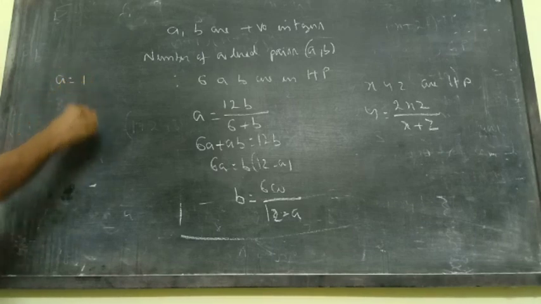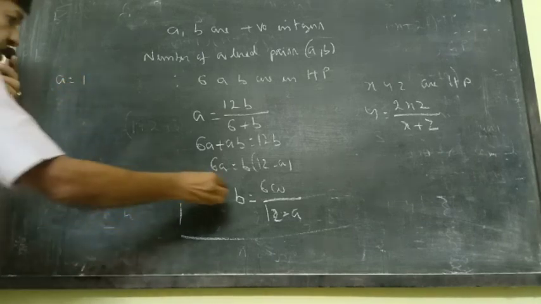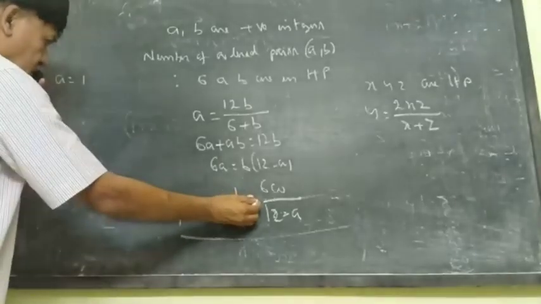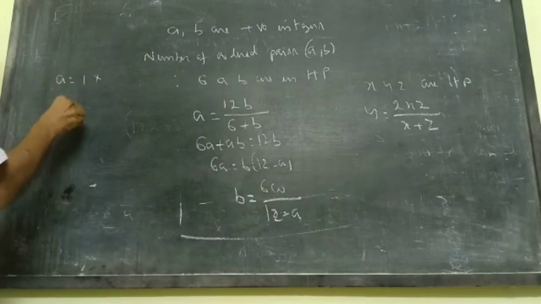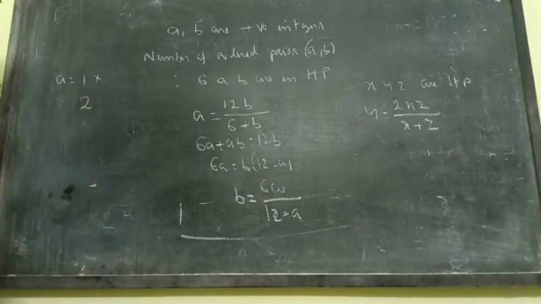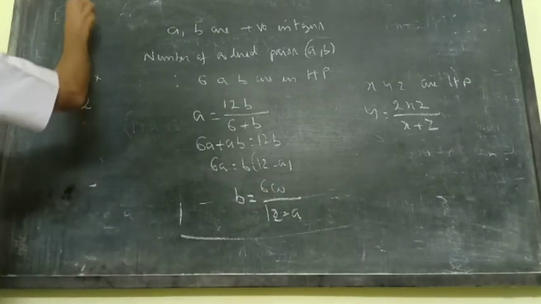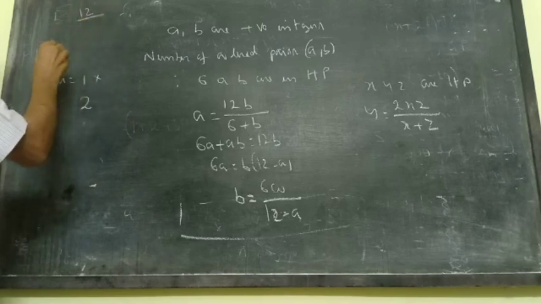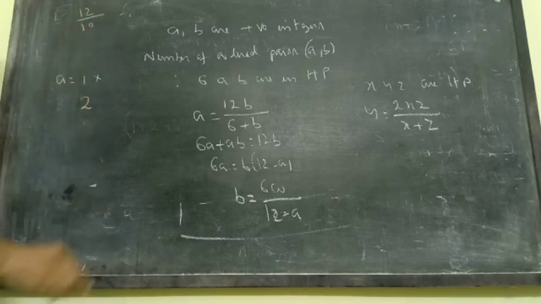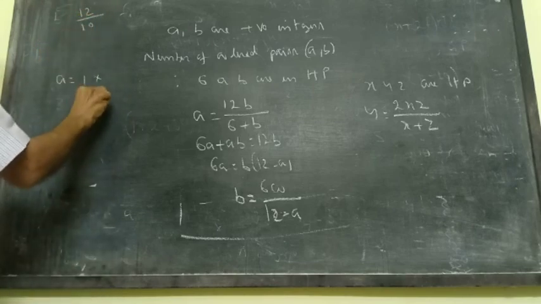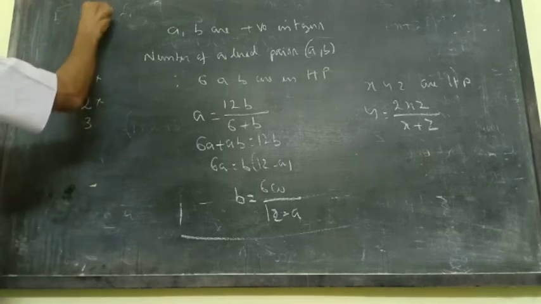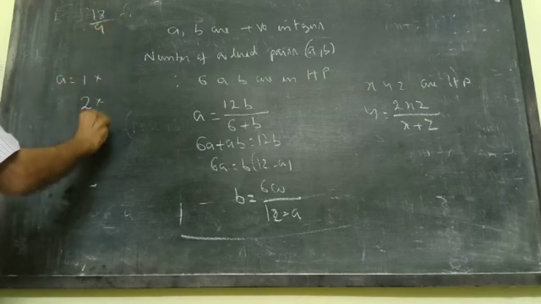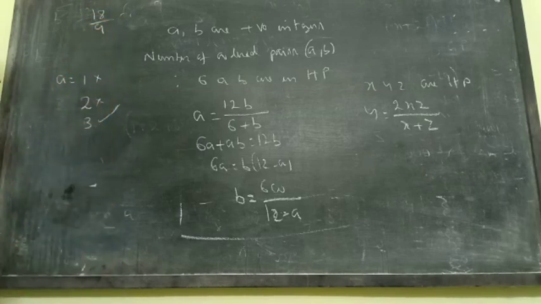a is equal to 1. Is b an integer? No, because you will get 6 by 11, cannot be an integer. a equals 1 fails. a is equal to 2, you will get 12 by 10, not an integer, 2 fails. Then 3, you will get 18 by 9, so 3 holds good.